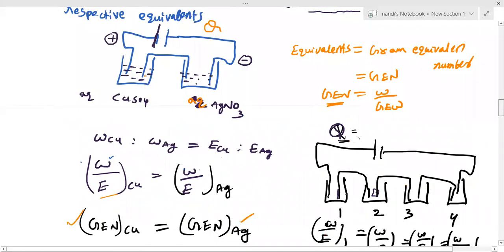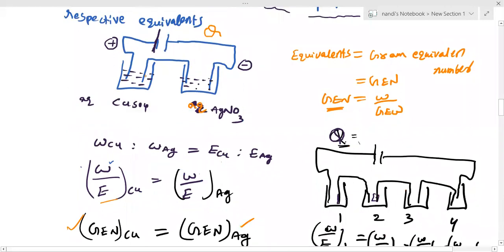When the given quantity of electricity passes through the different electrodes, the amount deposited at the different electrodes is directly proportional to their equivalent weights. Whatever the amounts, I can equate them in terms of equivalents. In this way, these are the questions they can expect. They may give you one substance, and they can ask the weight of another substance.